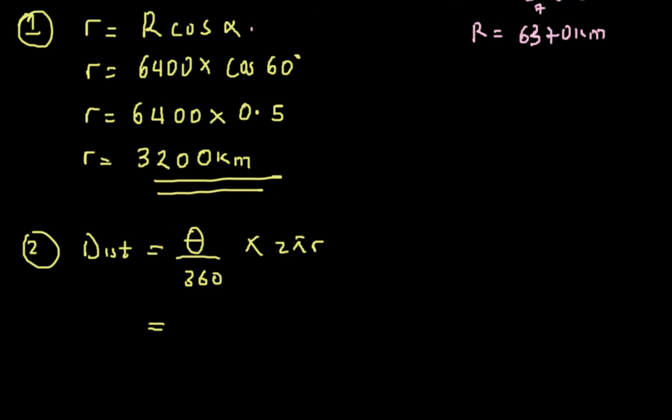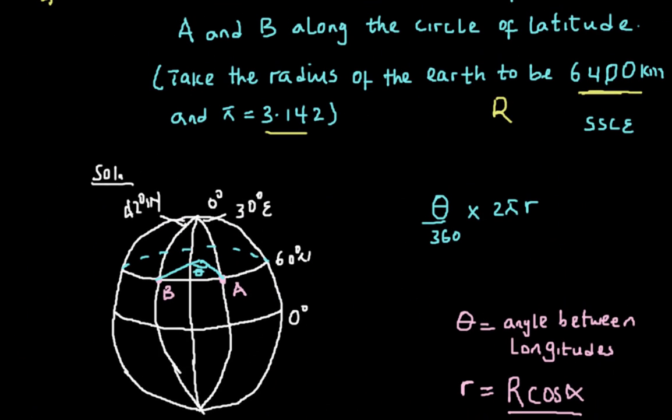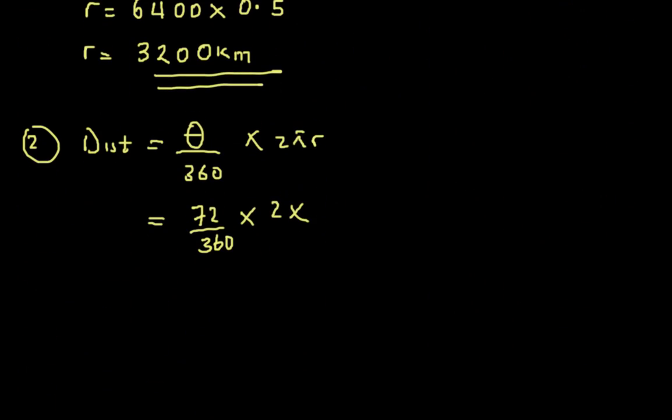So this will be 72 over 360 times 2 times, what were we told to take pi as? We were told to take pi as 3.142. So we have times 3.142 times, our radius is 3,200 kilometers.